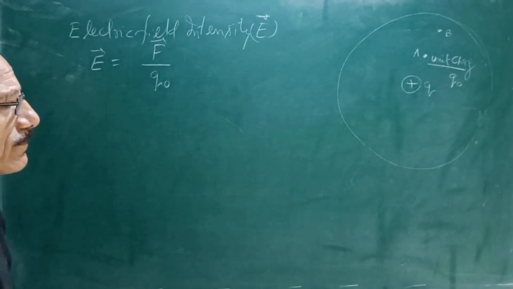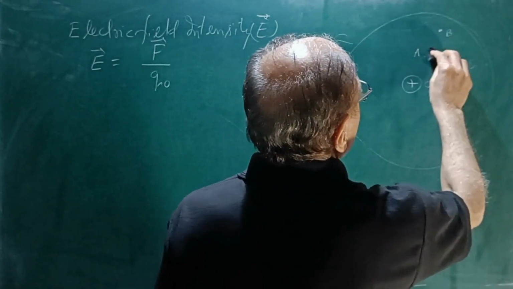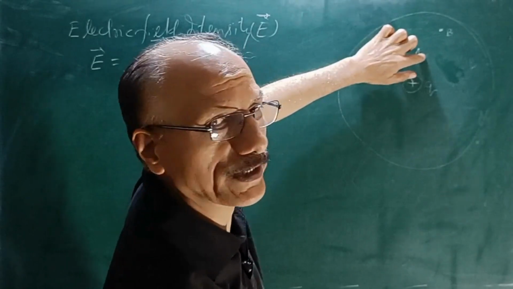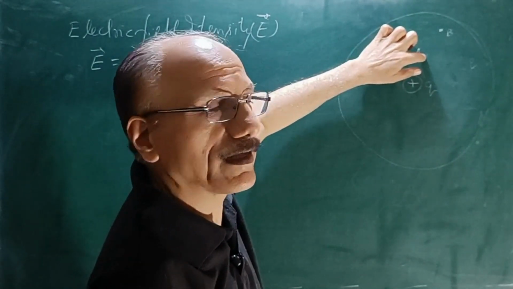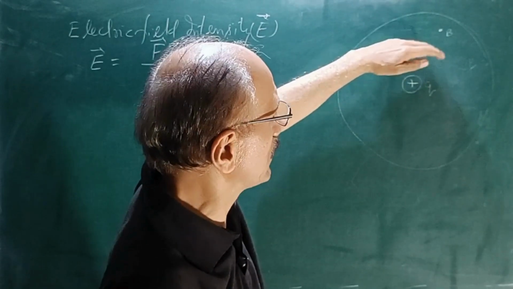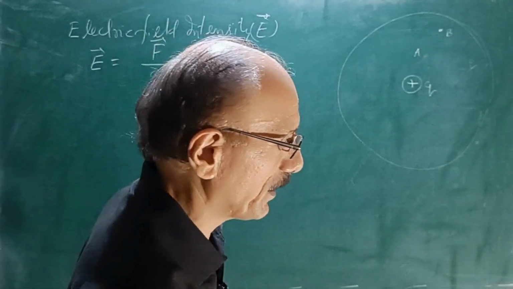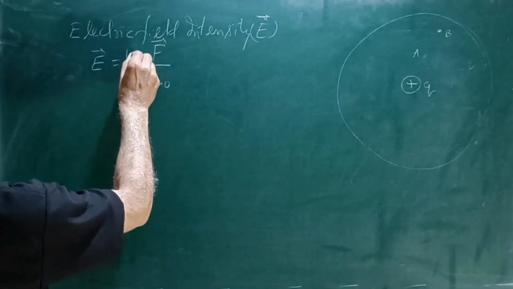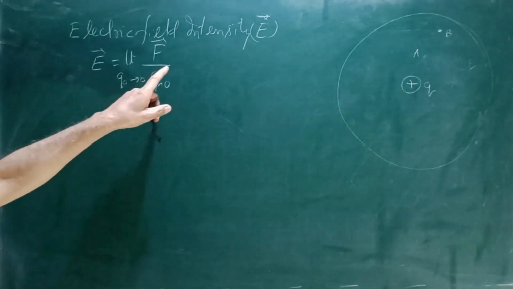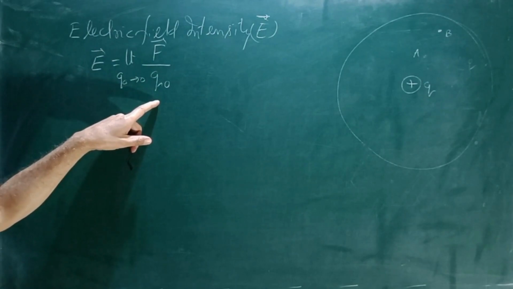Now further, if you don't bring any charge over here, does it mean that there will be no force, that there will be no intensity of the electric field? Whether you bring a test charge or any charge, still the electric field of the charge is there. So even if limit Q naught tends to 0, the electric field intensity is force per unit test charge.